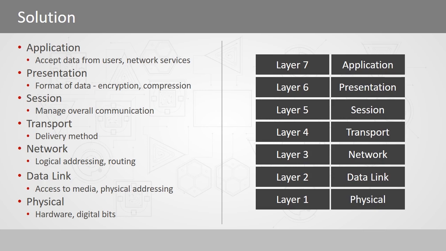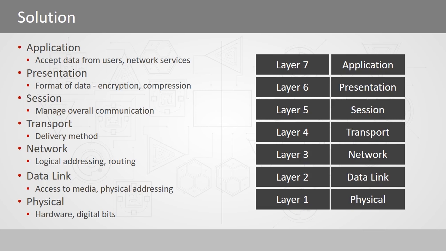The session layer manages the overall communication from endpoint to endpoint and from beginning to end, so the rules of communication. The transport layer handles the delivery method, either using acknowledged guaranteed communications or connectionless non-guaranteed communications.